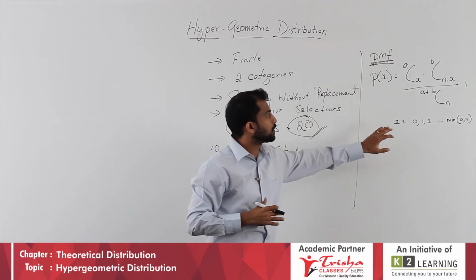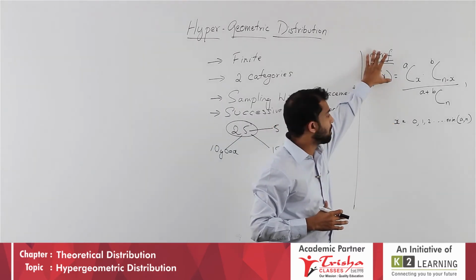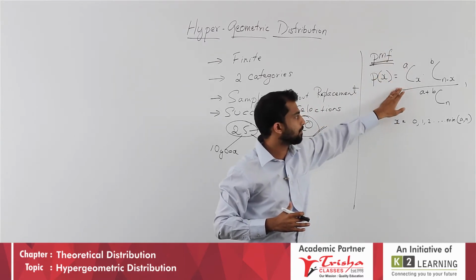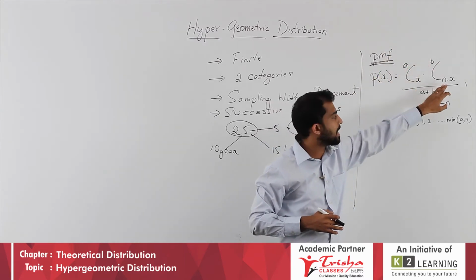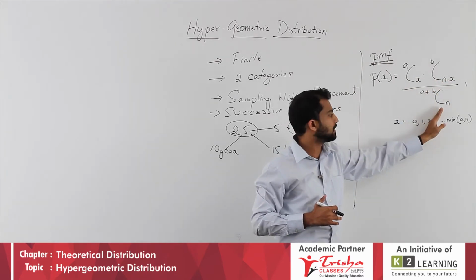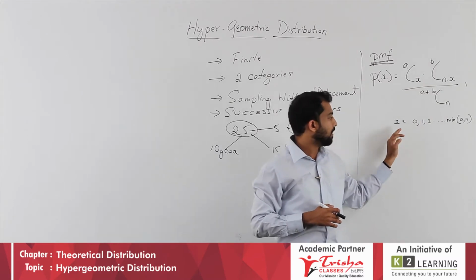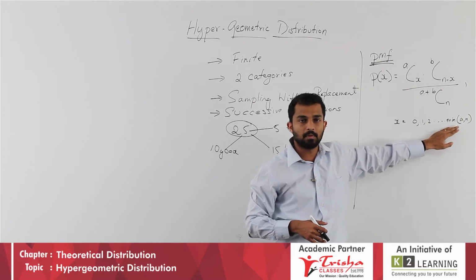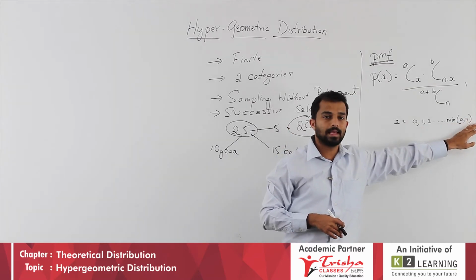So understand, students, this is the probability mass function: P of x equals ACx into BC(n minus x) divided by (A plus B)Cn, and the range is x equals 0, 1, 2, up to the minimum of A and n.